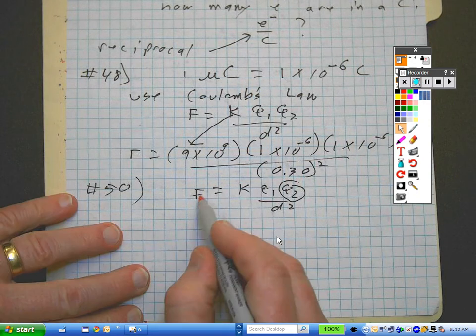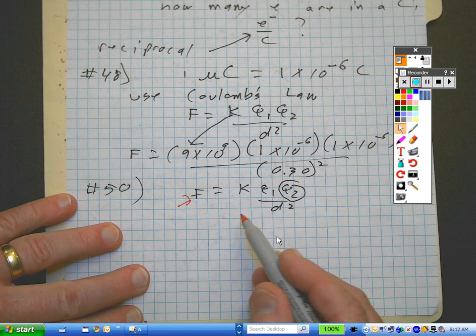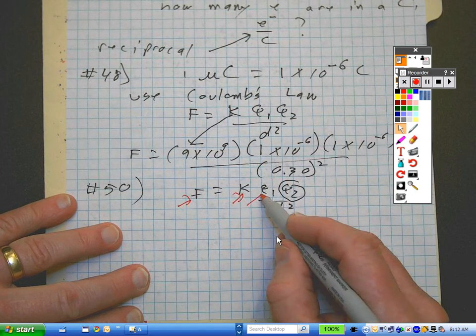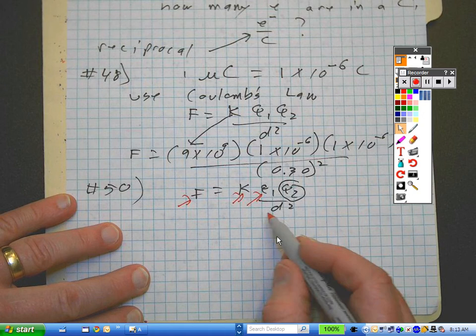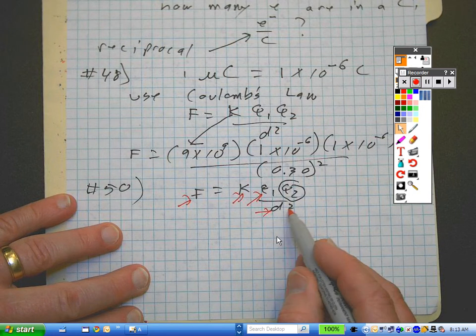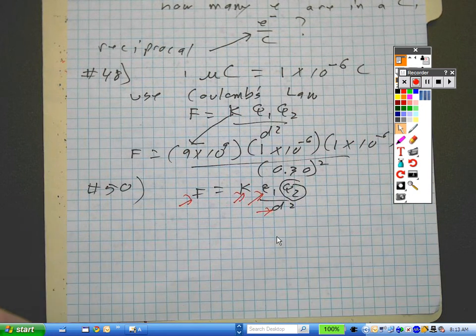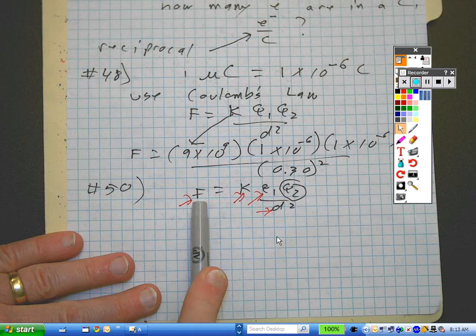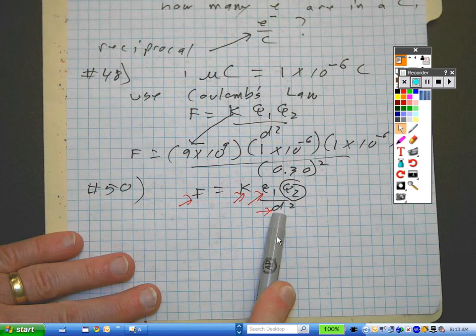They tell us very useful information. They tell us what the force is. We know what K is. They tell us what charge number 1 is, and they tell us what d is, which we can square. So just to look at what you should do first, if I were solving this, I would find the force and multiply it by d squared.